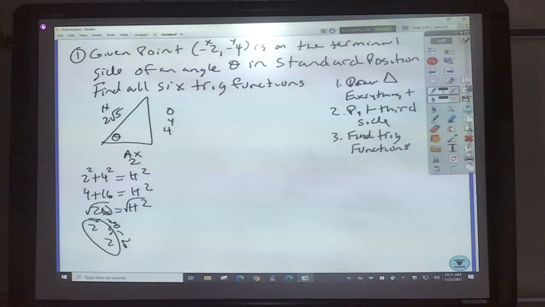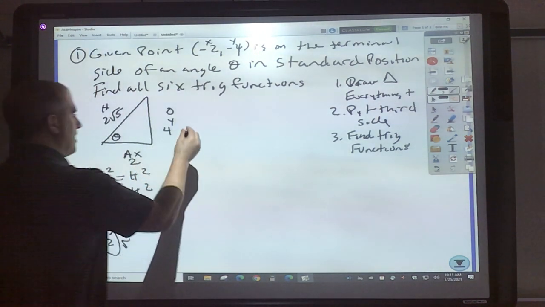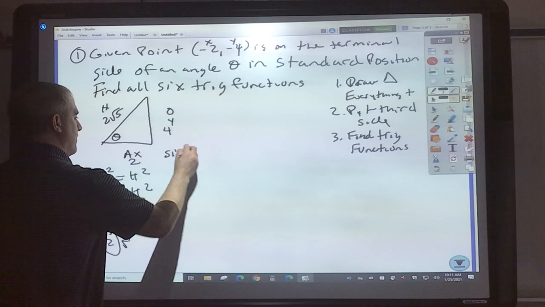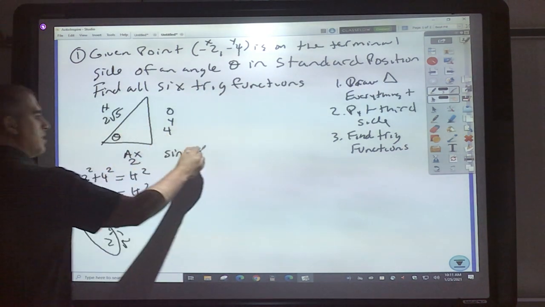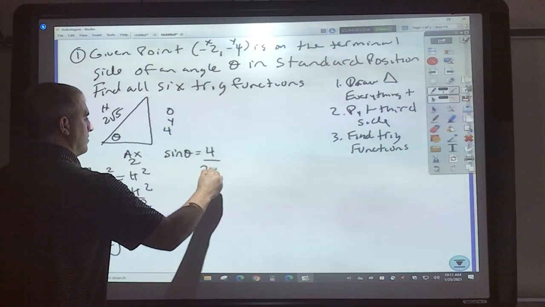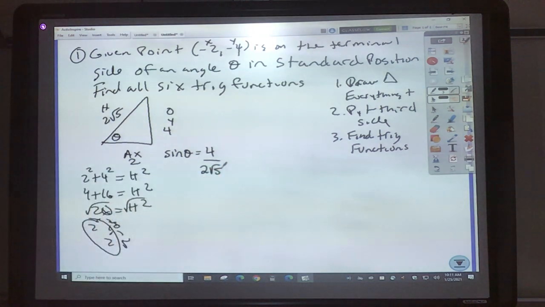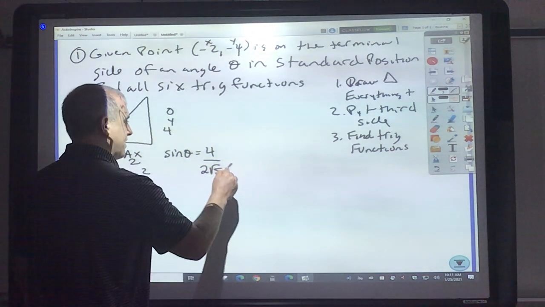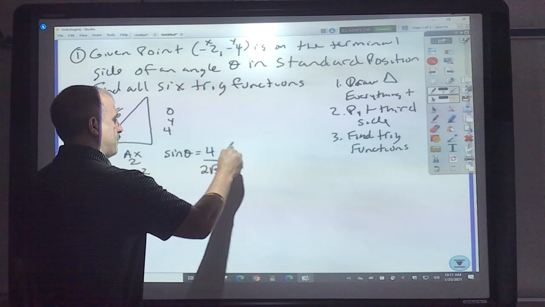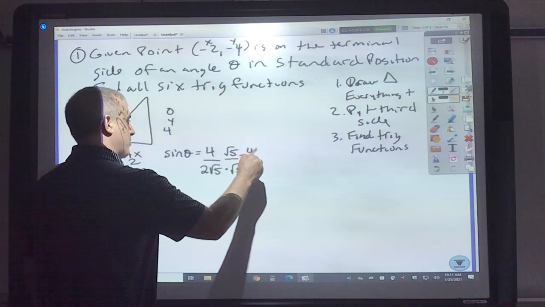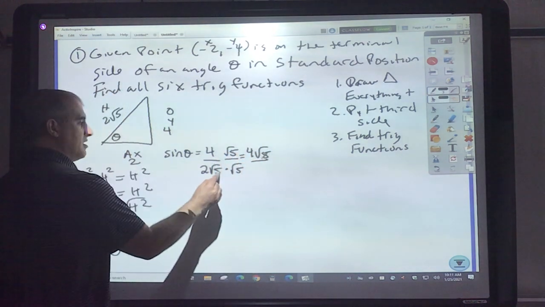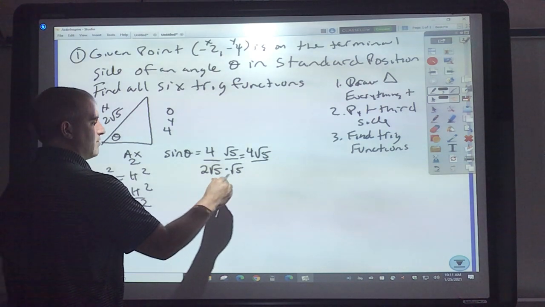So I've got sine of theta. Sine would be O over H. Now, I cannot have square roots in the denominator, so the simple thing is to multiply top and bottom by that square root, so that would be 4 square root of 5. Square root of 5 times square root of 5 would just be 5.